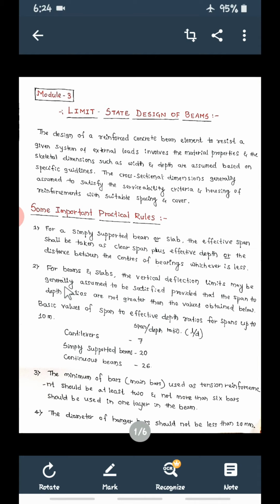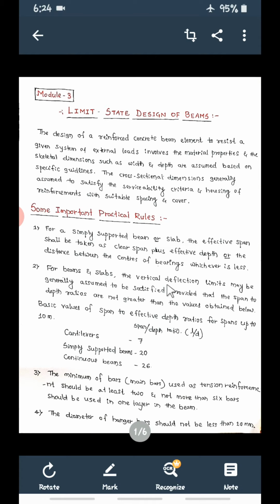Then the second important rule: for beams as well as slabs, deflection is important, because these are flexural members. Because of bending moment, there will be deflection, so based on the deflection you have to design the beam and find the effective depth and overall depth required.